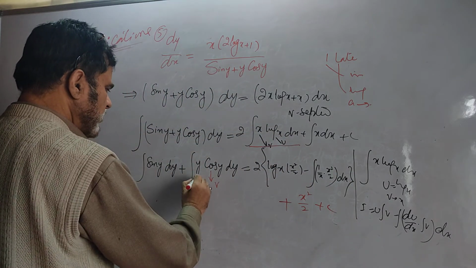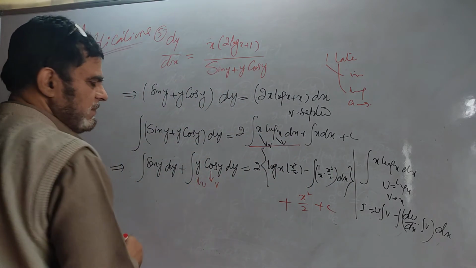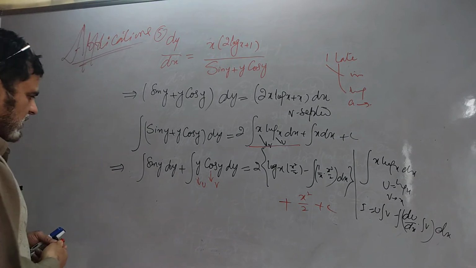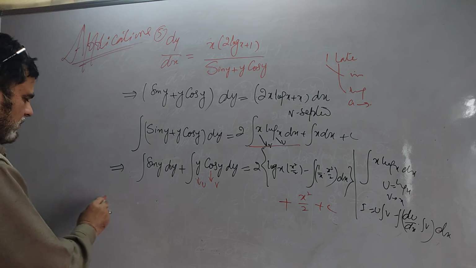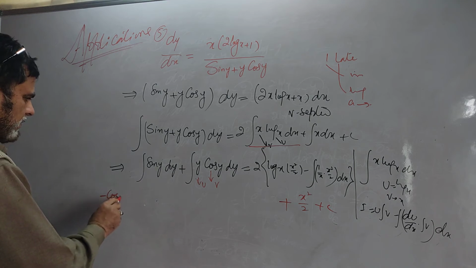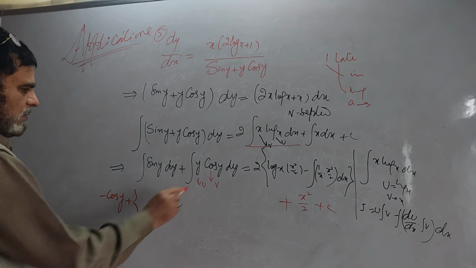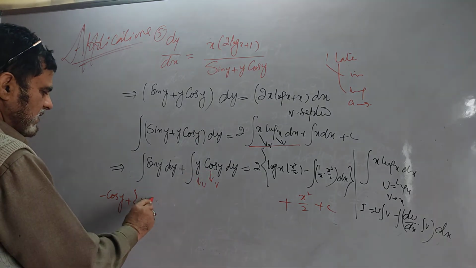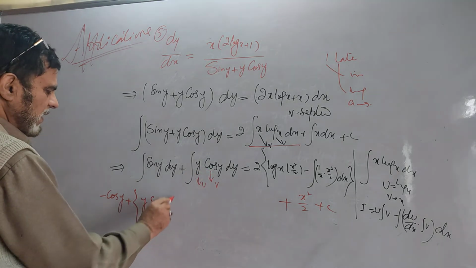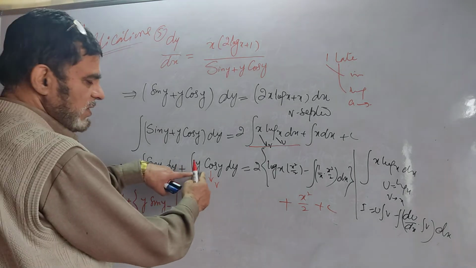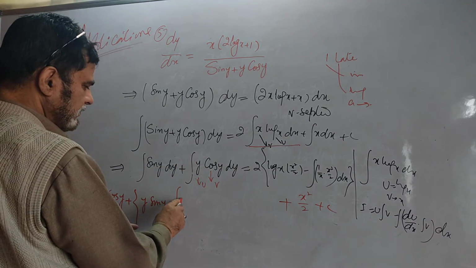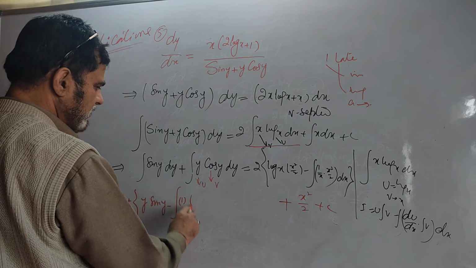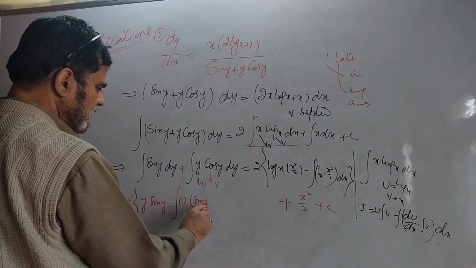So you take this as u, this is v. Then you go. Now what is the integral of this? Minus cos y, plus u as it is, that is y, times the integral of cos, sine y, minus the whole integral: differentiation of y with respect to y is 1, then the integral of cos y is sine y, dy.